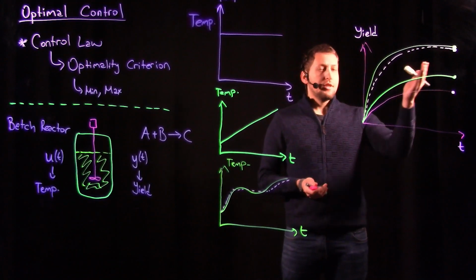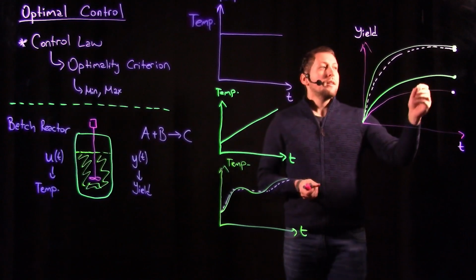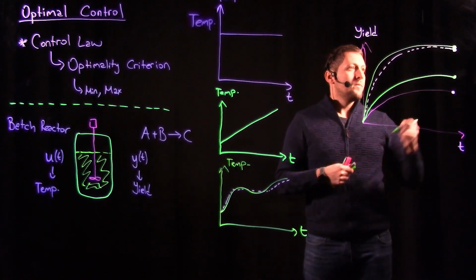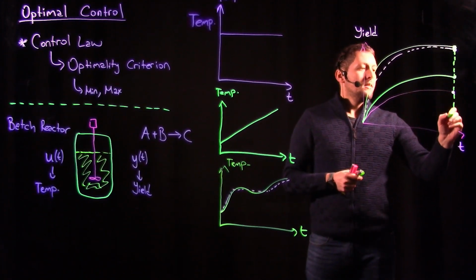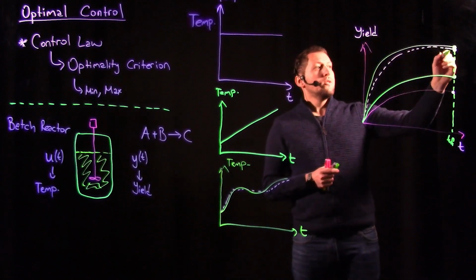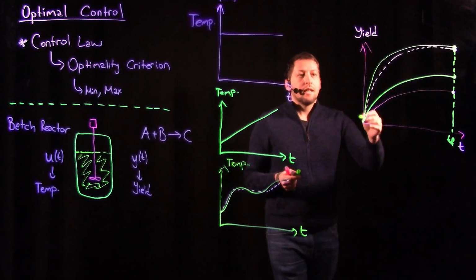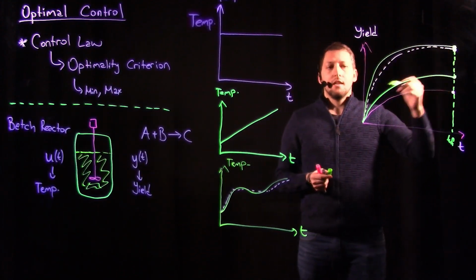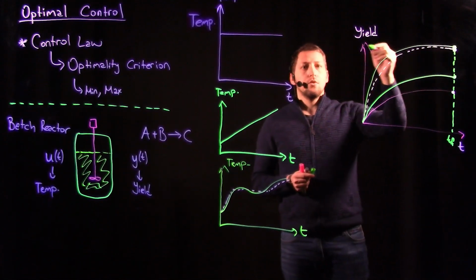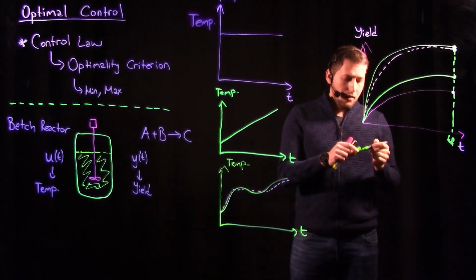In this case, for example, yield shows itself as the criterion for me, and I'm looking at the values at the final time, let's say this is tf, and I compare the yield values at the final time. But there are also several other options, like how these trends are happening here and how they are performing trajectory tracking with respect to a certain reference value or certain reference curve, and so on.